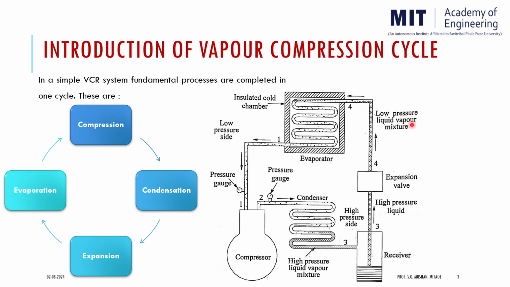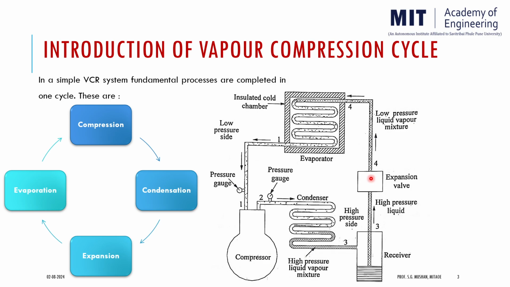low pressure liquid vapor mixture will finally enter into the evaporator where it will absorb all the heat stored in the evaporator section, and while absorbing this heat it will again change its phase from mixture state to the vapor state.